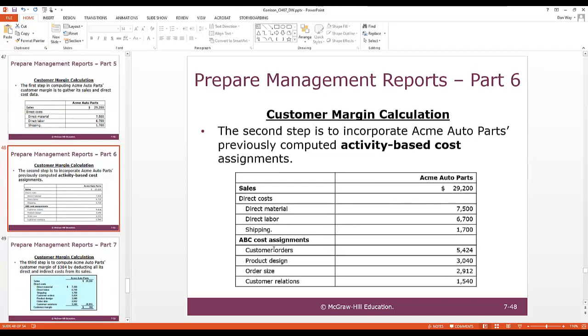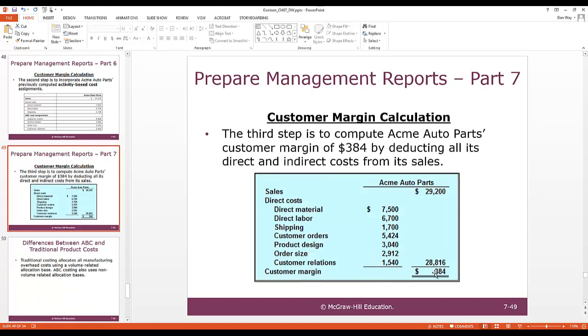To that, we would want to add those ABC cost assignments that we calculated a couple minutes ago. So we had the customer order costs, the product design costs for the special orders, the order size cost, and then that single customer relation cost. If we deduct those assigned costs and the direct costs from that customer's sales figure, we can come up with a customer margin.